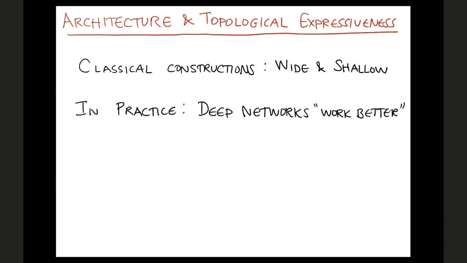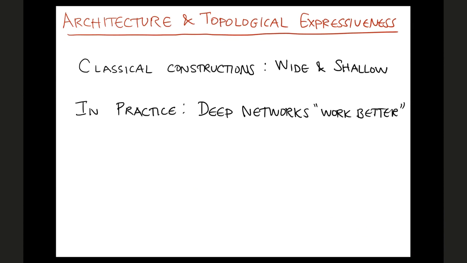But we've seen in practice, the practitioners will tell you that in practice, deep neural networks work better. Now, it's kind of unclear whether this is because they're actually more expressive. Let me just back up to say that there's a notion of theoretical expressiveness, which is: is it actually possible to find parameters for your function such that you approximate some other function?